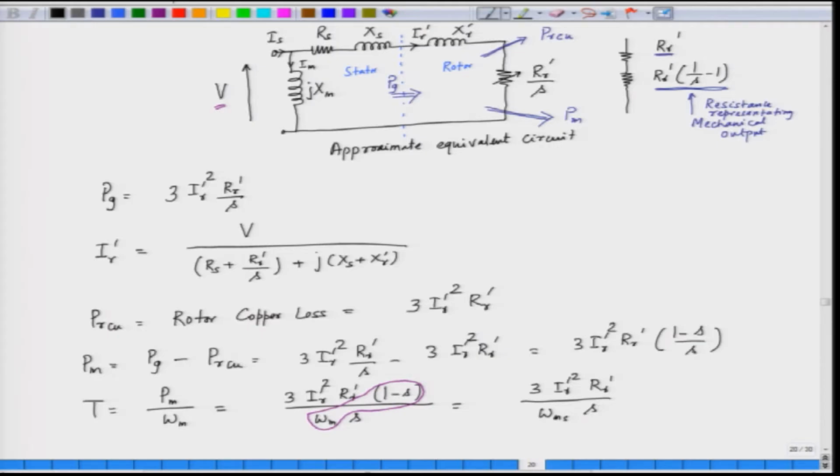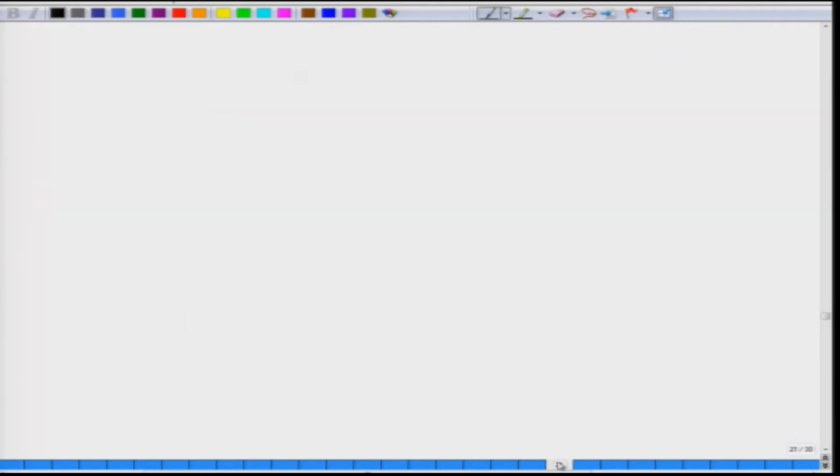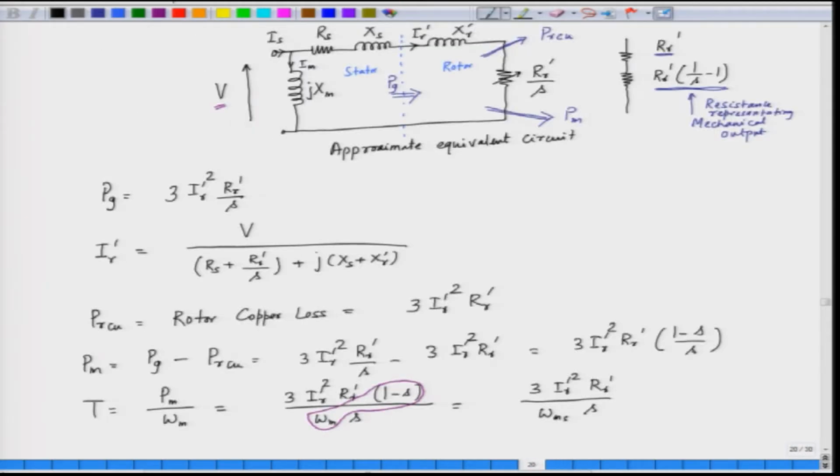Now, let us see how we can write the expression for the torque. So, T is the torque output, which is given as 3 I r square by omega m s into R r prime by s. What is I r square? We have the value of I r here, which is in phasor quantity.